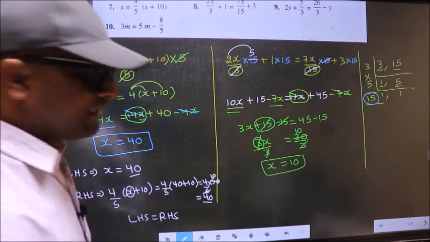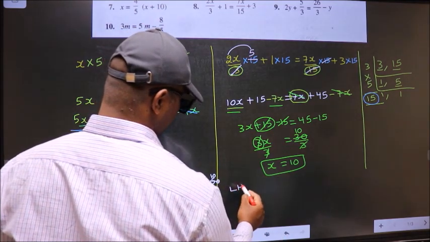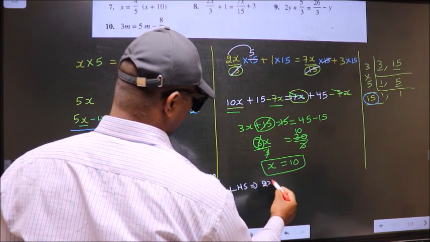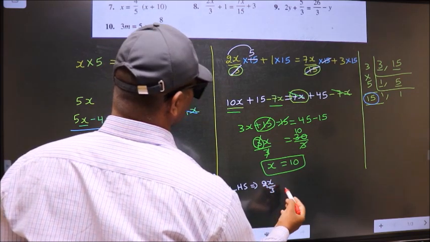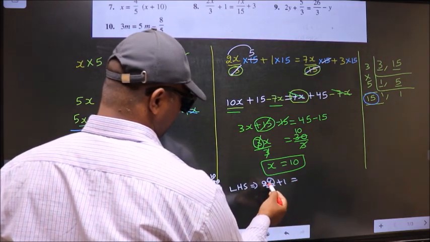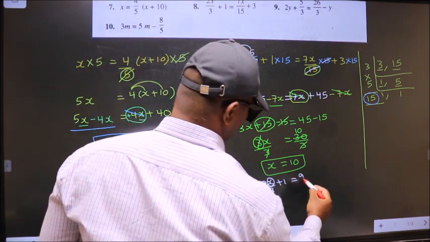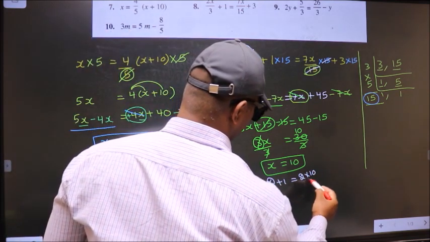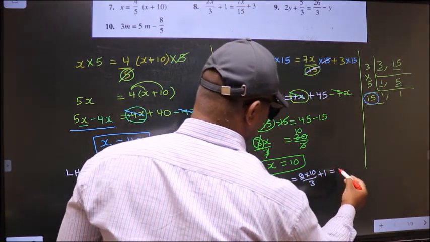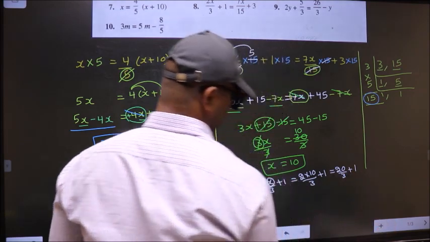Now to check, LHS is 2x by 3 plus 1. In place of x we should write 10. So it is 2 into 10 by 3 plus 1, that is equal to 2 into 10 is 20 by 3 plus 1.